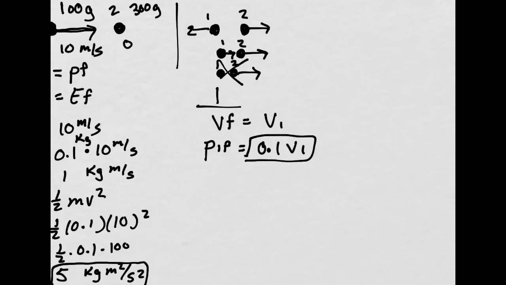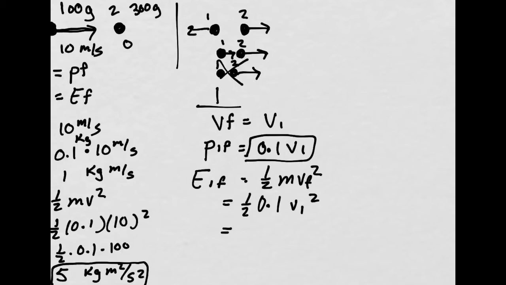Its energy, E1 final, is equal to 1/2 mv squared, final. So that is 1/2 times 0.1 V1 squared, 0.05 V1 squared.